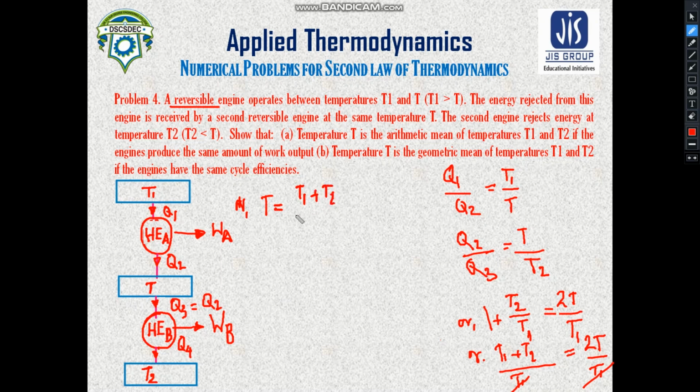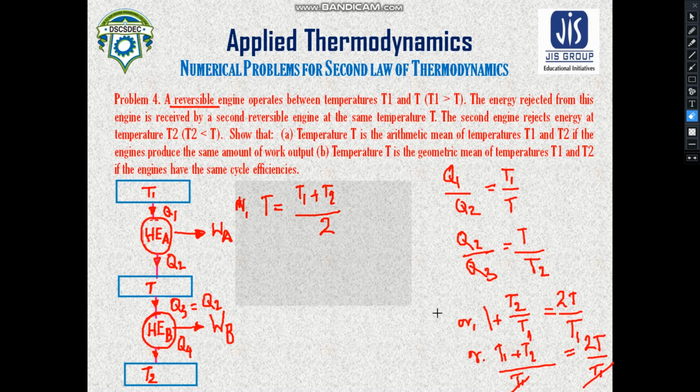So you can easily prove that this T is nothing but the arithmetic mean of the temperatures T1 and T2. So when the two engines are producing the same amount of work, it can be proved that the intermediate temperature T can be written as the arithmetic mean of the temperatures T1 and T2.